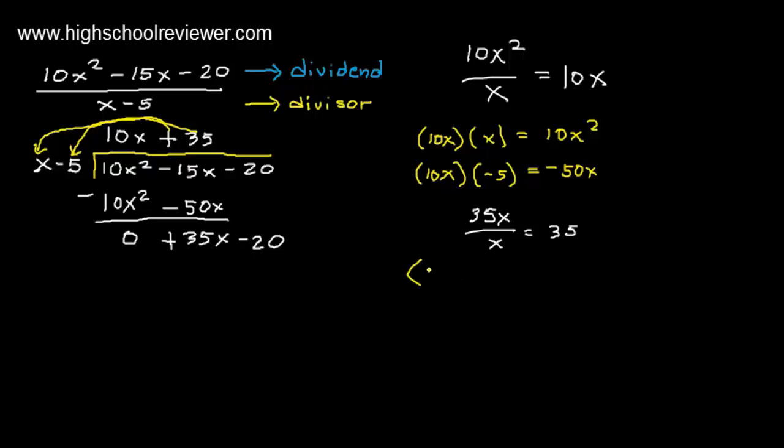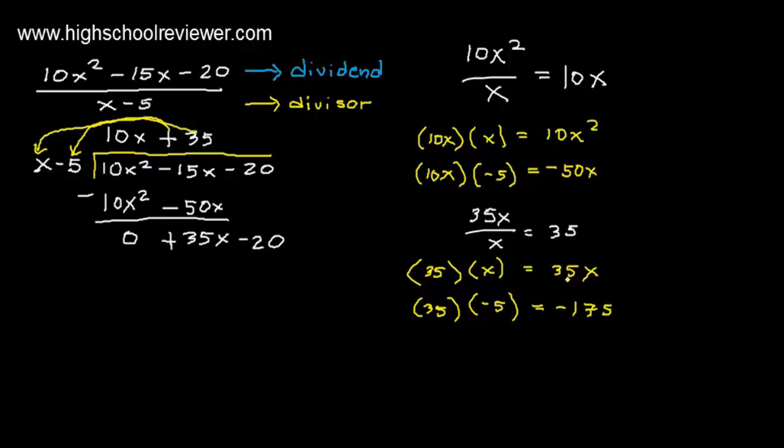35 multiplied by positive x, this will be equal to 35x. And then positive 35 multiplied by negative 5 will be equal to negative 175.